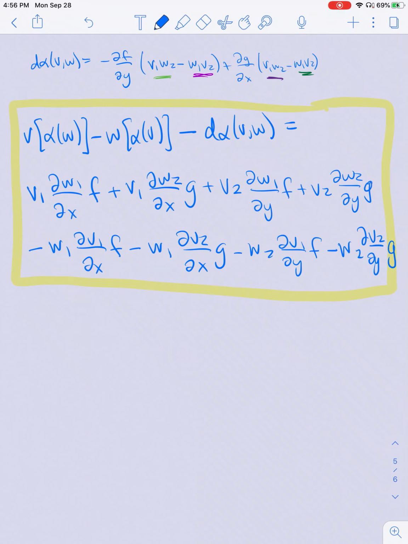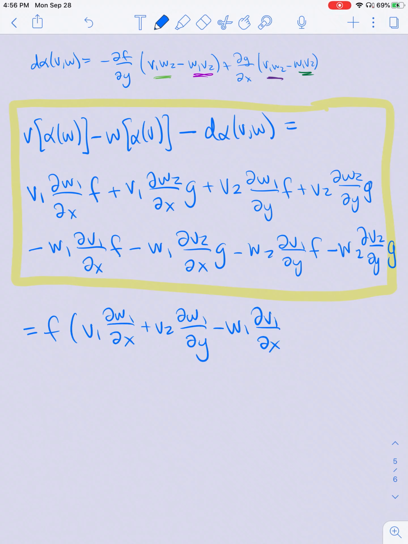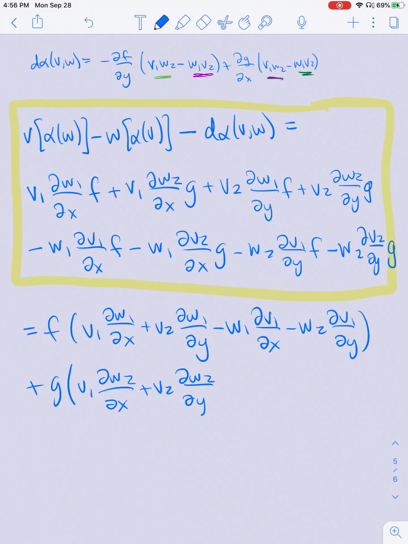So what this ends up looking like is f times v1 dw1 dx plus v2 dw1 dy minus w1 dv1 dx minus w2 dv1 dy plus g times something. So that's v1 dw2 dx plus v2 dw2 dy minus w1 dv2 dx minus w2 dv2 dy.